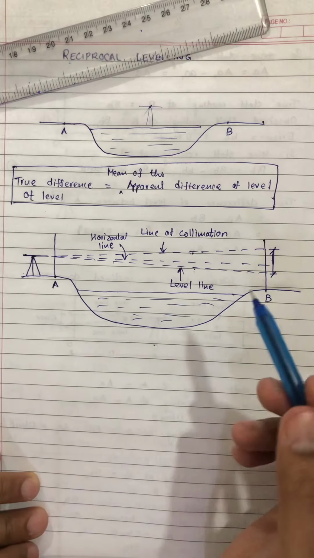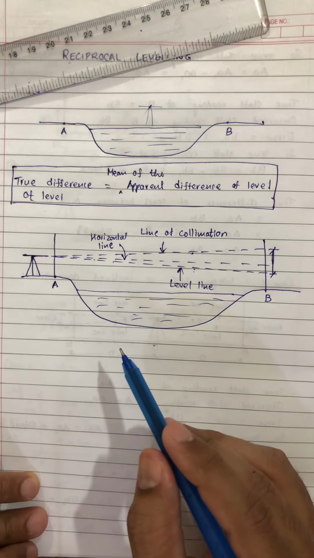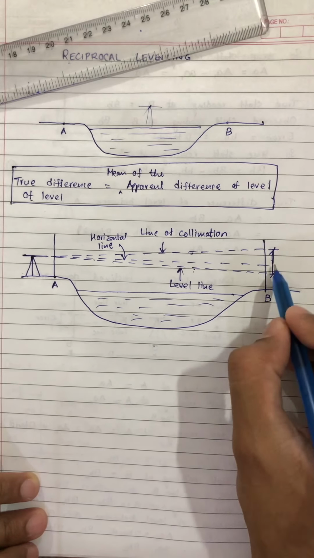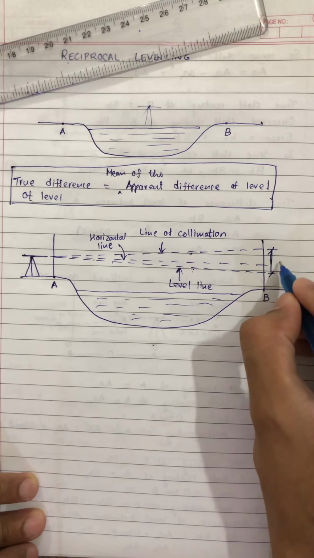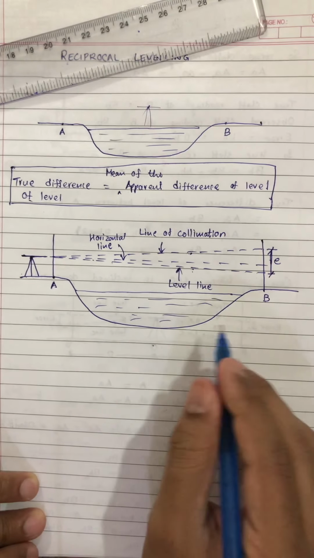But if temporary adjustment gets disturbed, then this difference between the level line and line of collimation will be called the error e.